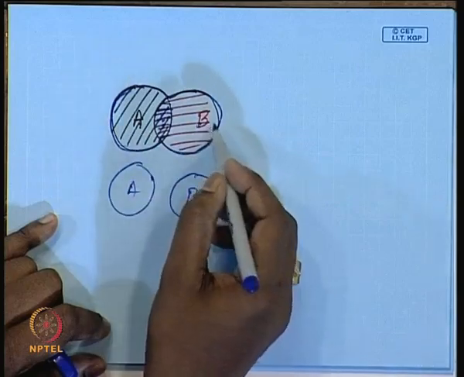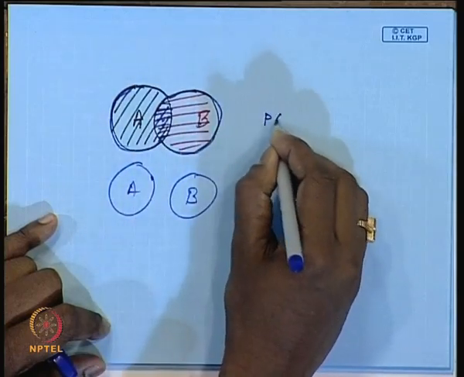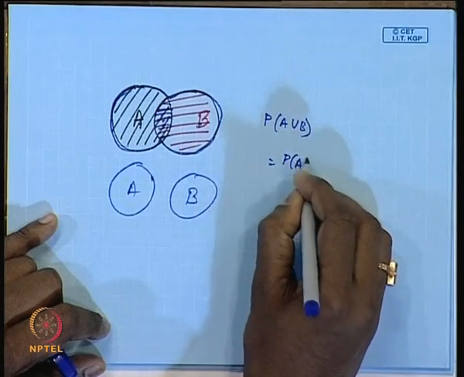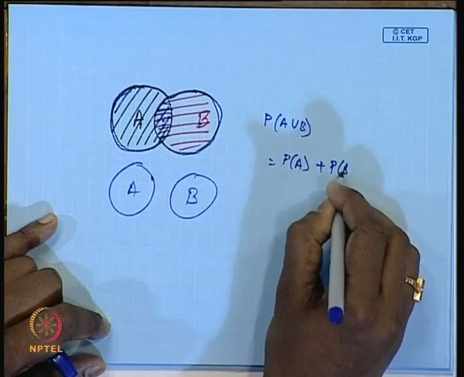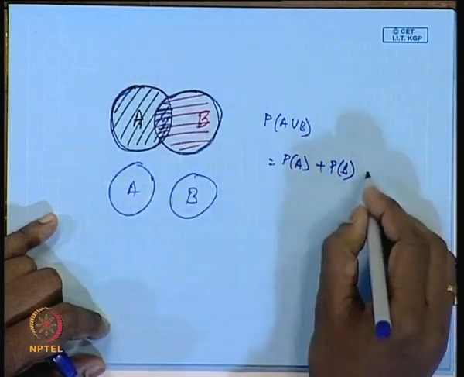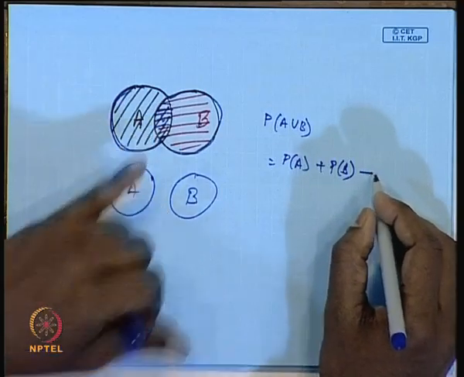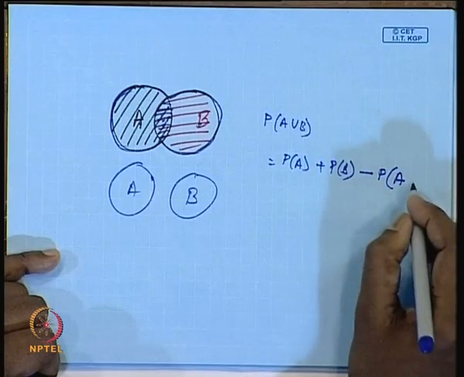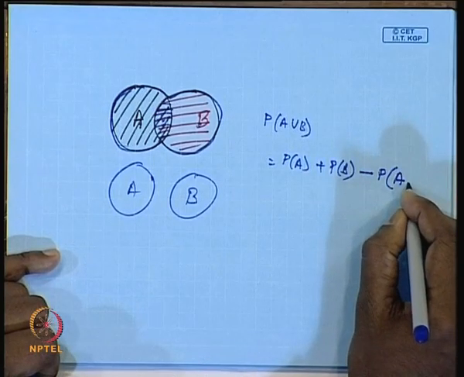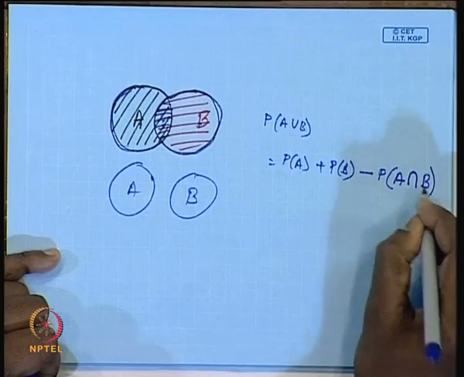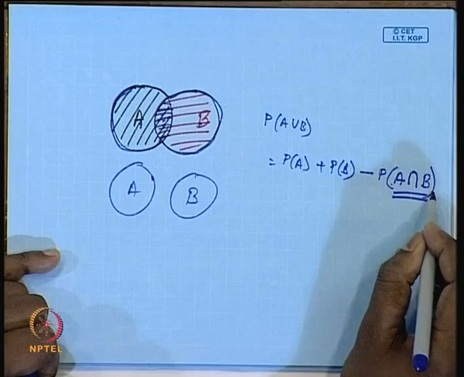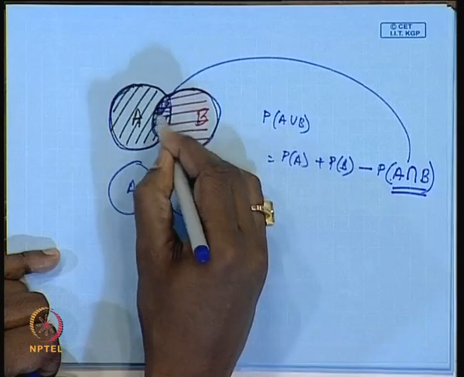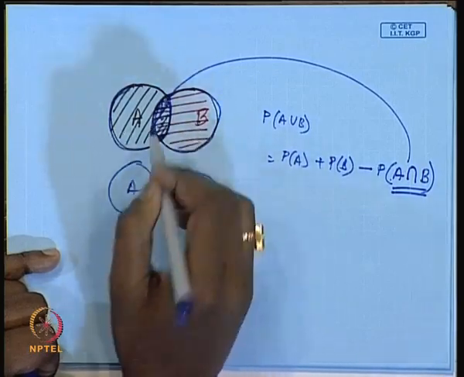For example, when two events are overlapping each other, what should be the probability of A union B? You can easily say that it is probability of A plus probability of B. In this process we have taken this area twice, so this area should be given a minus, and that is probability of A intersection B. This symbol, probability of A intersection B, is nothing but this particular area, which is common in both the events.